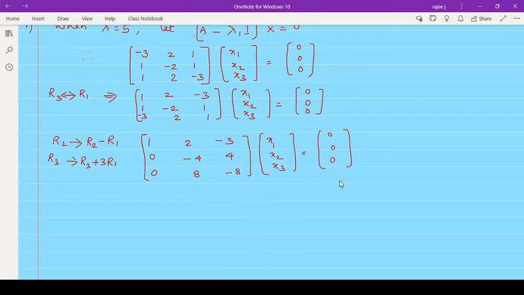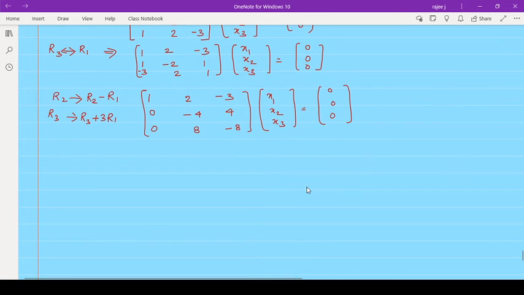Okay. So now you can do something with the second and third rows. Here it is minus 4, here 8, here 4, here minus 8. So what I will do here is R3 changes to R3 plus 2R2. So 1, 2, minus 3, 0, minus 4, 4, then 0, 8 plus 2 into minus 4, so 8 minus 8 will come 0.